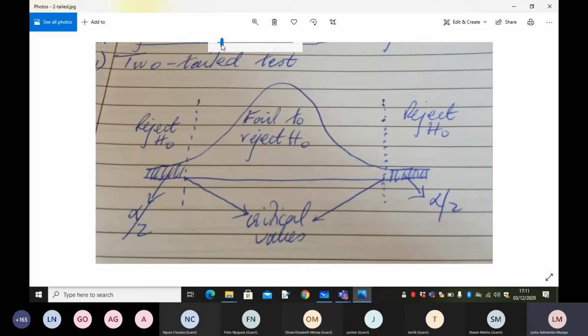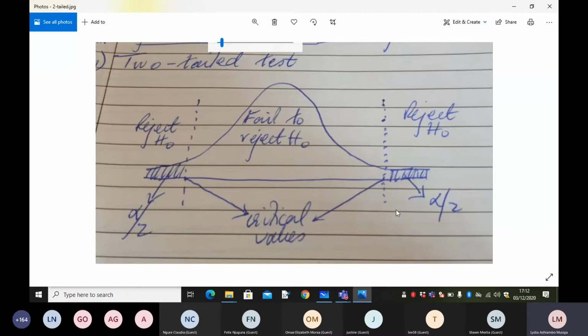I said that for us to make a decision, we must perform some calculations. Then, depending on the calculations, we can either reject H0 or we fail to reject H0. How do we decide whether to reject H0 or to fail to reject H0? We have been talking about alpha over 2, so you're very conversant with it.